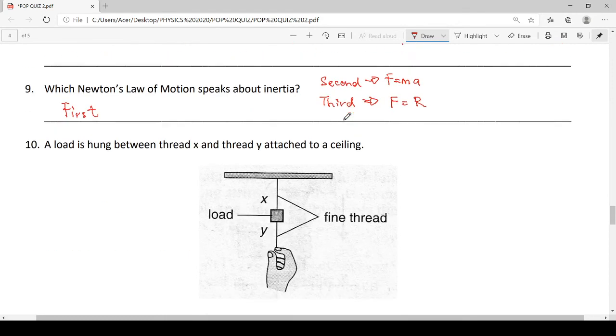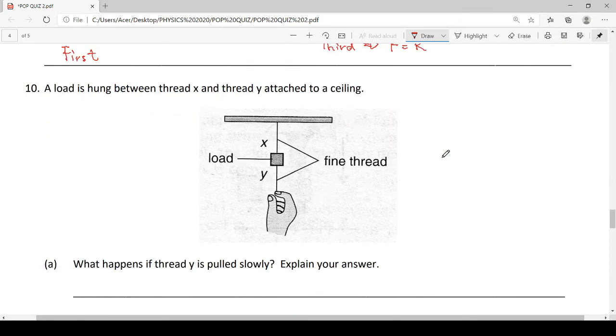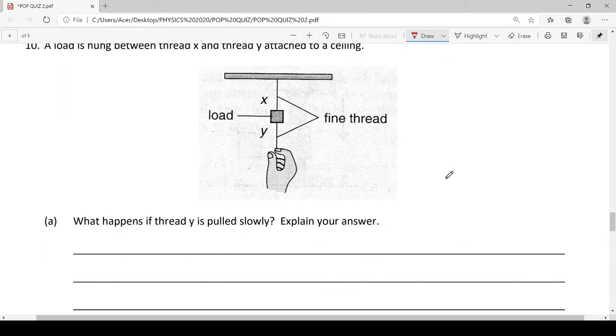Alright, now let's go to this question. A load is hung between thread X and thread Y attached to a ceiling. What happens if thread Y is pulled slowly? Explain your answer. So, if I pull Y slowly, I am exerting force slowly into this thread.